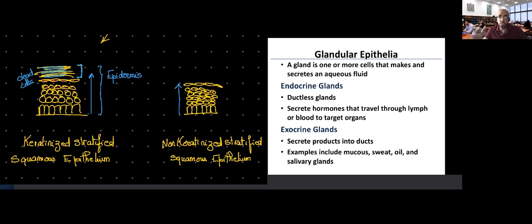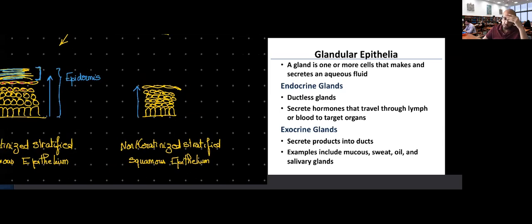Not just skin, it's going to be in the epidermis of the skin, because we're going to have many layers, and each of the layers of the skin is going to be formed by a different type of tissue. Remember, this is a whole concept. An organ is formed of different types of tissues, not only one type of tissue. All right, so the epidermis, this outermost layer of the skin, is formed of keratinized stratified squamous epithelium.